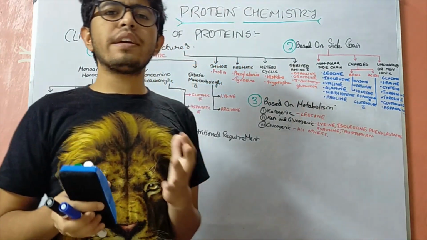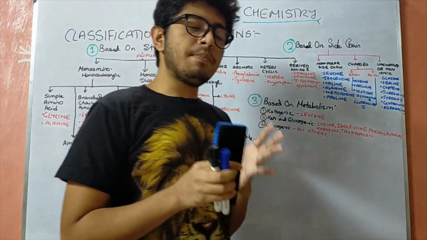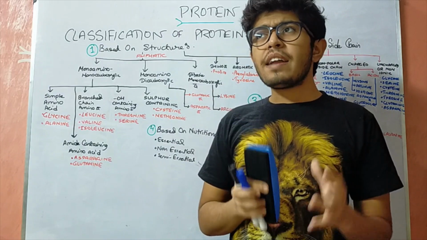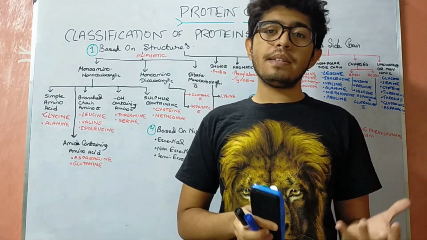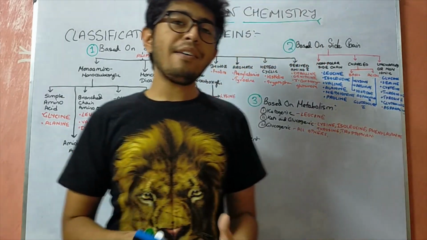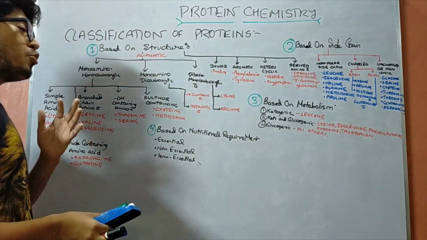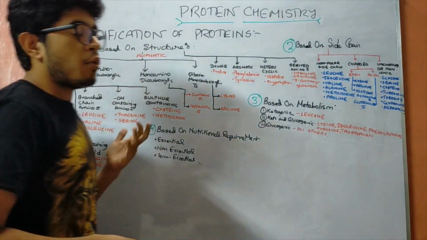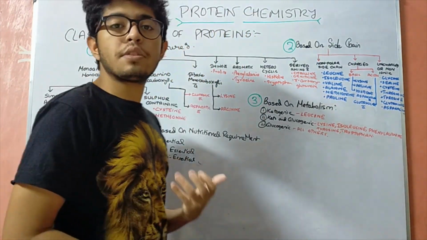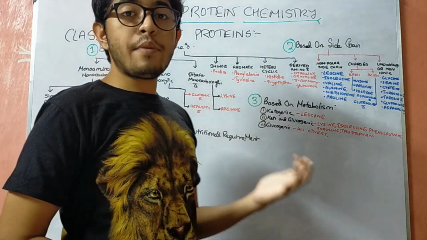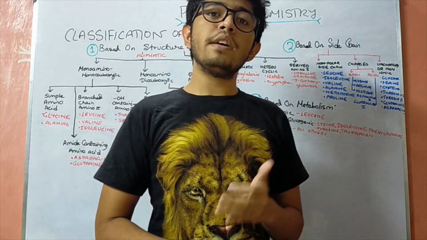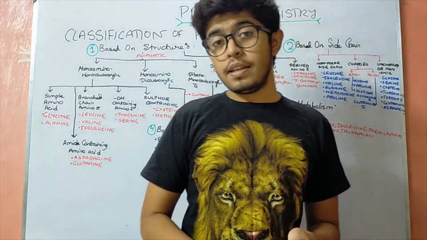So what is this protein made up of? Protein is made up of a sequence of amino acids. We already know that there are basically 20 different types of primary amino acids. Apart from that, there are two more types. One is a very newly discovered 21st amino acid, selenocysteine, and the 22nd amino acid, also recently discovered, is pyrrolysine.